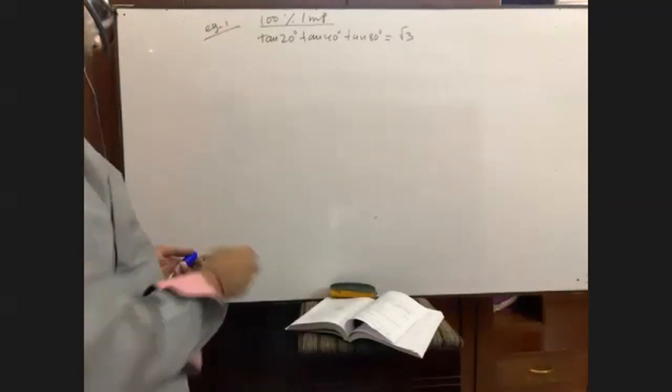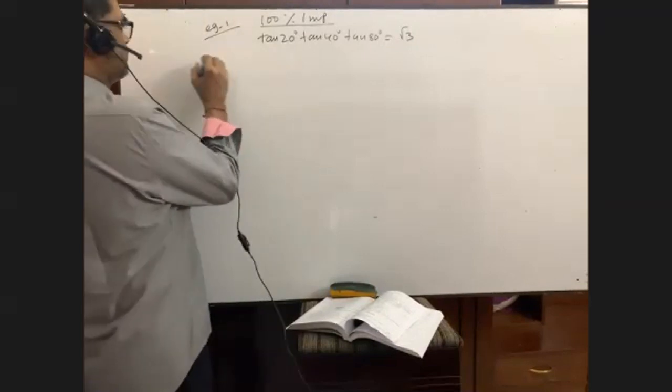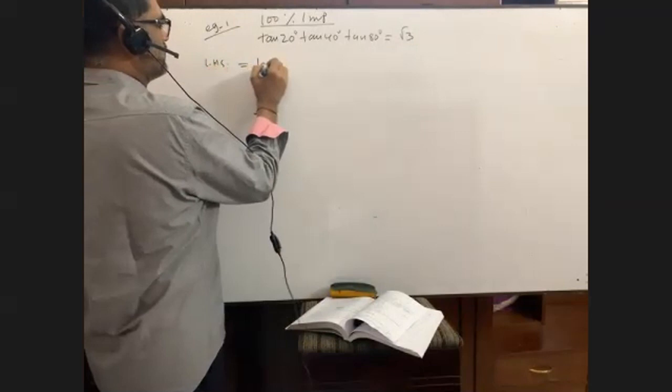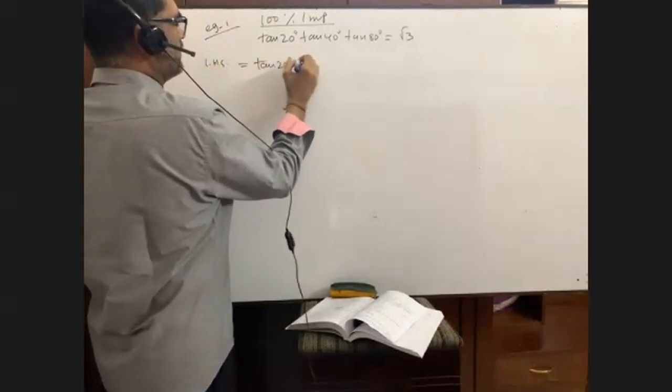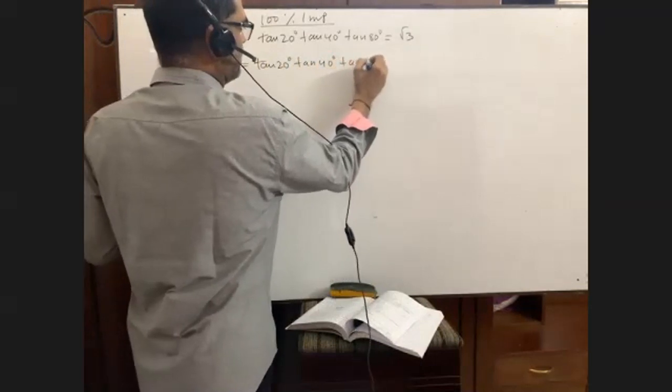Sir, I can try. I am going to do it. Write down left hand side: left hand side is equal to tan 20 tan 40 tan 80.